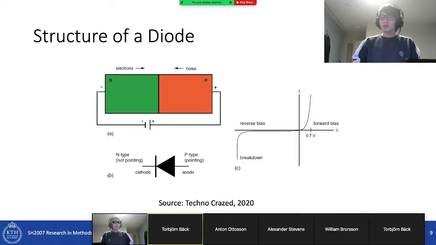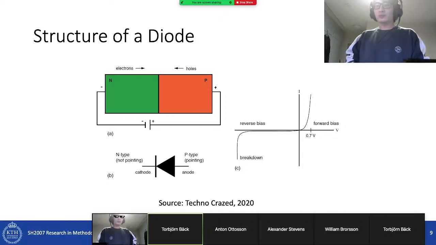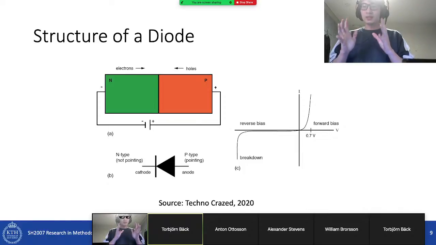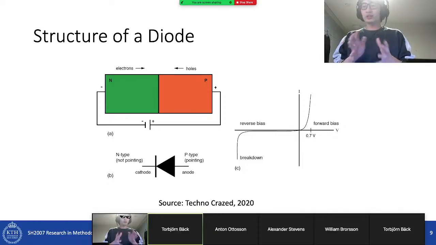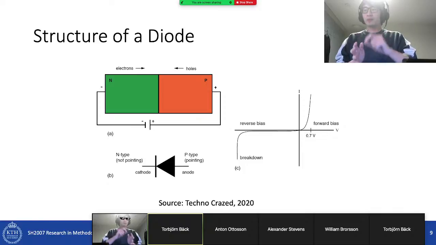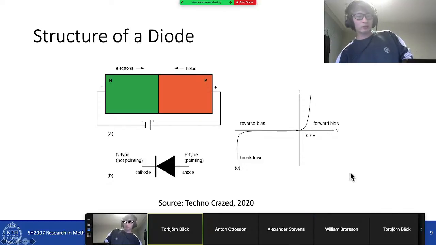Then we need to study the structure of the diode. A diode is a crystal containing two types of extrinsic semiconductor material. There is a gap between the valence band and the conduction band. With enough energy, an electron can be promoted to the conduction band and move freely with the applied E field. In this curve, we have a forward bias and a reverse bias.